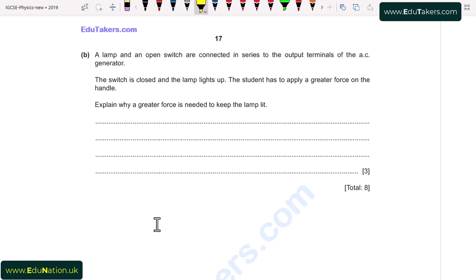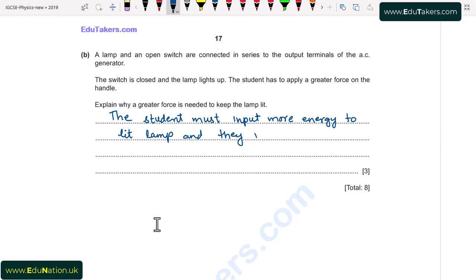So I write here, the student must input more energy to light the bulb, our lamp, and they must do more work.